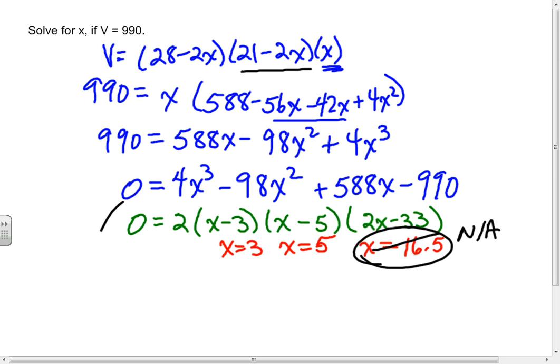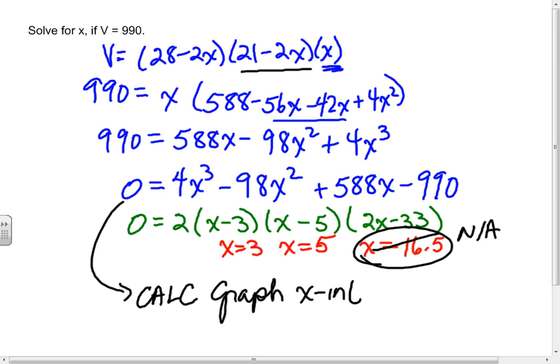But if you're not able to factor it, we would use a graphing calculator to graph it and find x-intercepts. If you were to do that, you would find the two x-intercepts of 3 and 5. So we can have a volume of 990 if x is either 3 or is equal to 5.